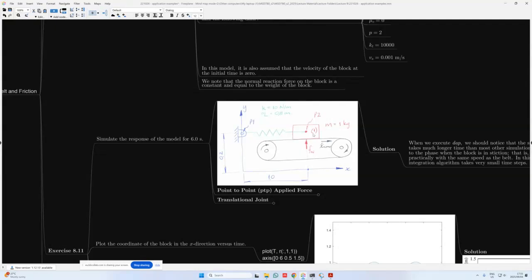So instead, I'm going to use joints to facilitate the left and right motion of the object on the conveyor belt, and then I can remove the conveyor belt and just consider the actual normal force and friction force that is acting on this box or on this object that is being translated on the conveyor belt.